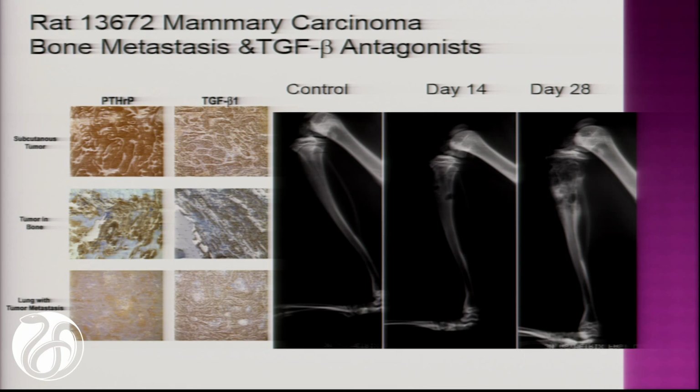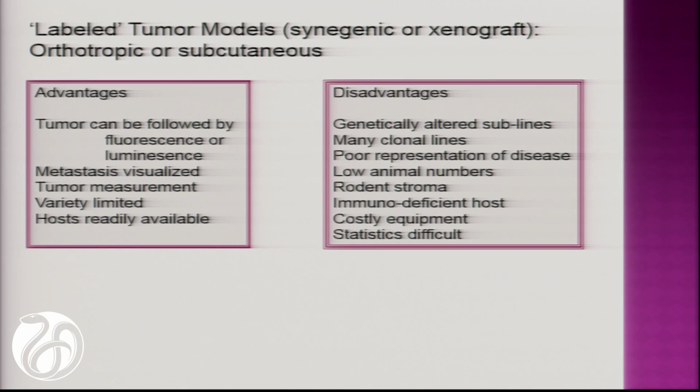Just a few tumor cells were implanted. And again, you can see the growth of the tumor in the bone over time. The nice thing about rodent models is there are a lot of reagents that can be used. And you can see the immunohistochemistry that was done with this model. There are also a lot of reagents of this type that can be used for mice, fewer for the dog.